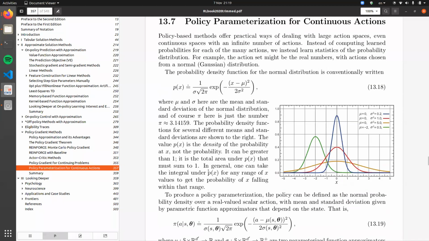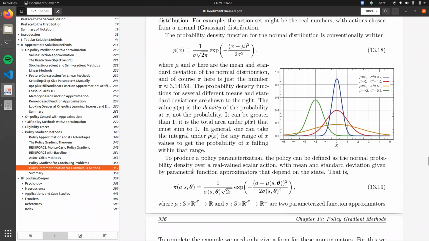Here you can see the familiar bell-shaped curves that correspond to different means and variances parameterizing the Gaussian distribution. So in this case, our mu and sigma will become functions of theta.